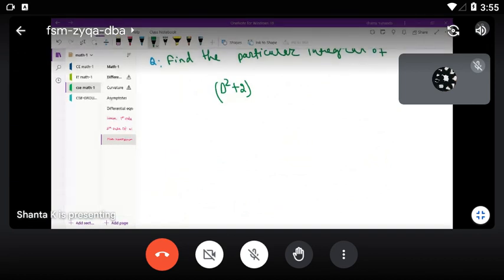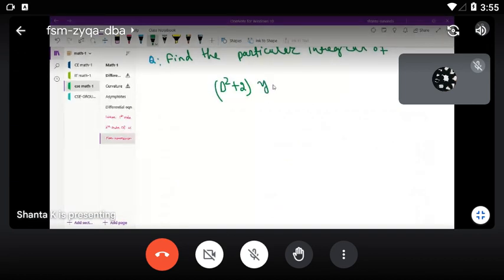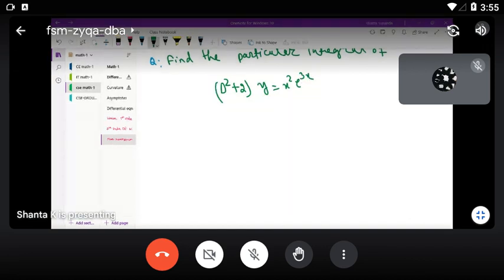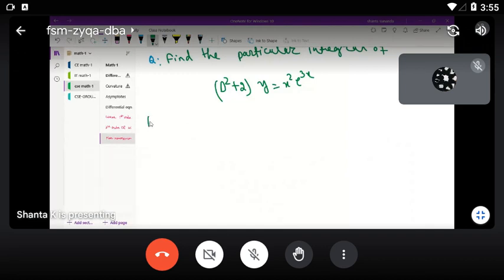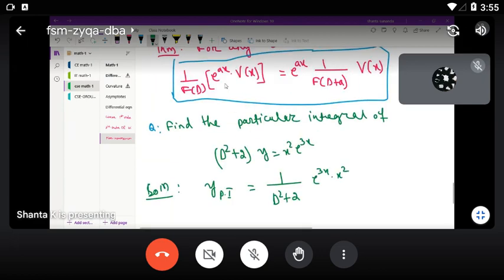D square plus 2 y equals x square e power 3x. Since we are finding the particular integral, this will be 1 by D square plus 2 of e power 3x into x square. This is the e power ax v of x form. First you check that if you substitute D, it is not going to be 0. It's 3, non-zero.